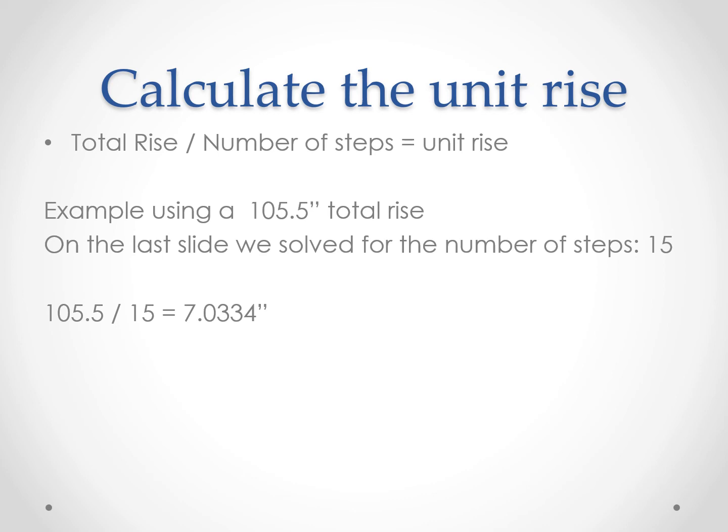You take the total rise, which in this case is 105.5, and we divide by the number of steps we just found in the previous step, which is 15. And that will give us the unit rise. So 105.5 divided by 15 gives us 7.0334. And I rounded that to the 4th place because the 4th place is far enough for accuracy purposes.